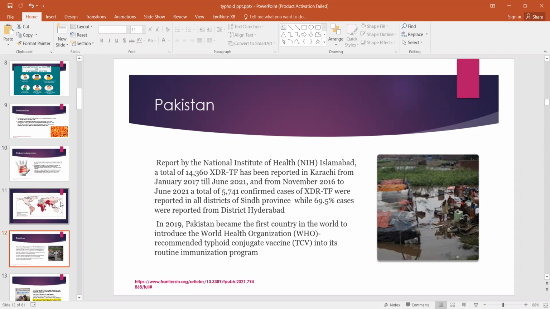In 2019, Pakistan became the first country in the world to introduce the WHO-recommended typhoid conjugate vaccine into its routine immunization program.